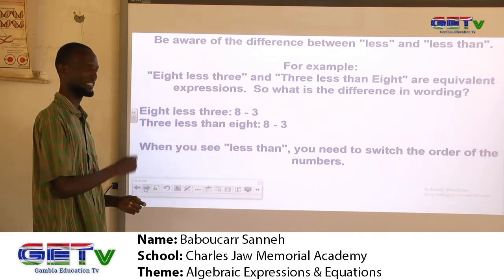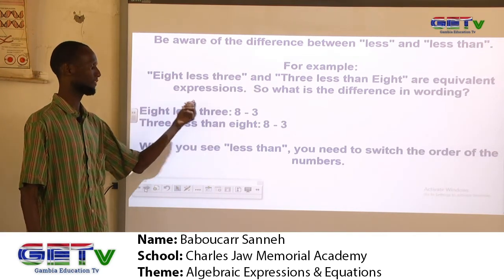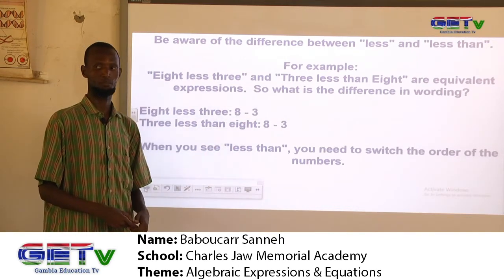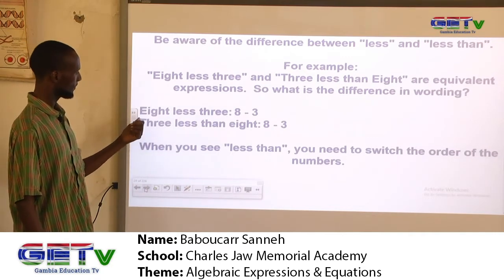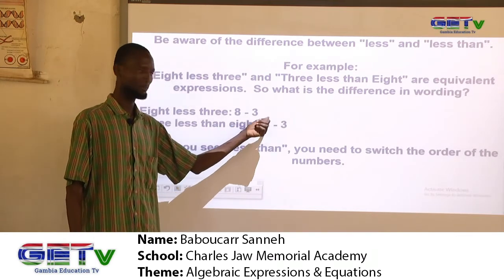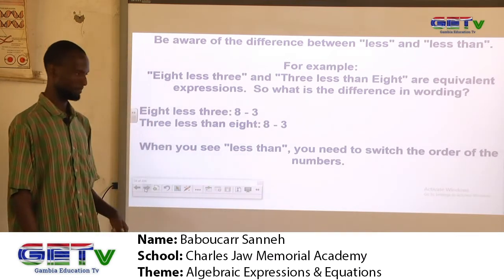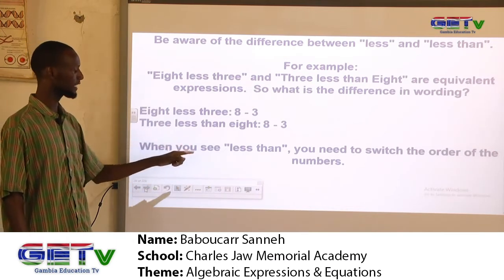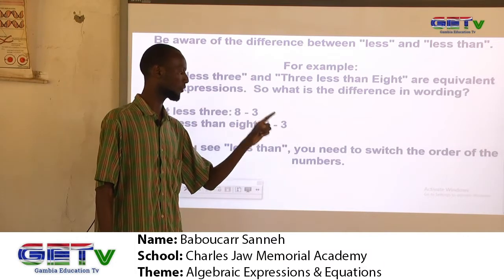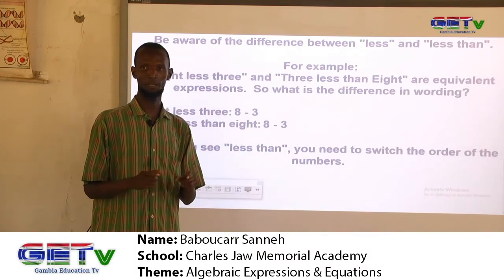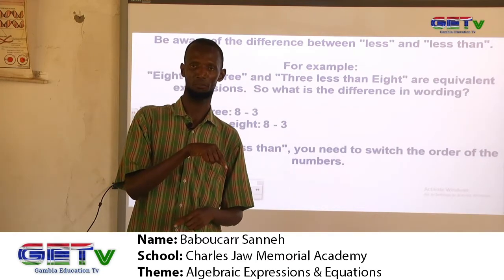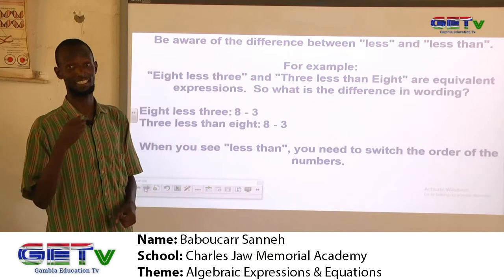If you are going to translate 8 less 3, you will have 8 minus 3. But if you also translate 3 less than 8, you still get 8 minus 3. Now this is key. When you see less than, you need to switch the order of the numbers. Simply meaning, the first number becomes your second number, and the second number becomes your first number. That is what you do when you see less than.